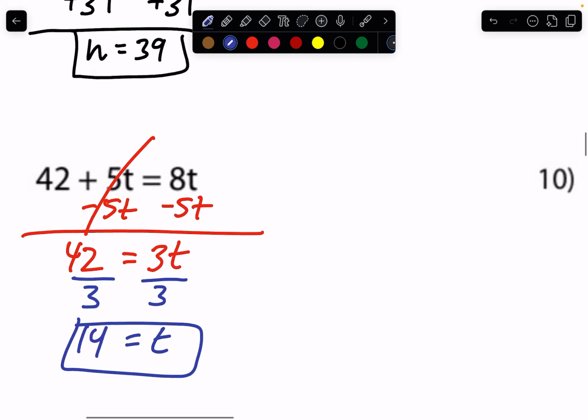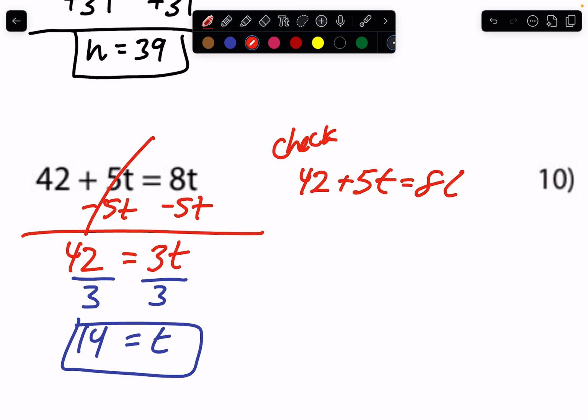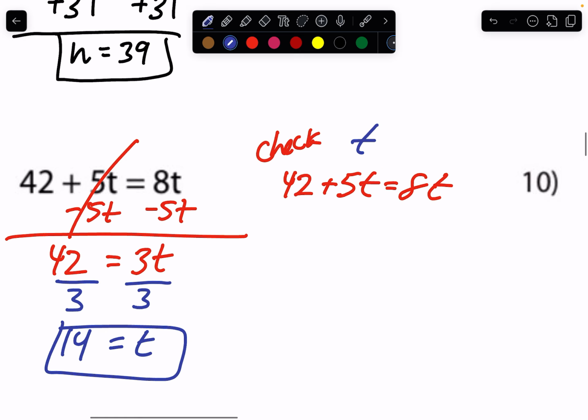If you're still not confident, let me check to see if it's right. Remember, you start off with the original: 42 plus 5t equals 8t. We said that for every t we got 14. So if I plug in 14 for every t, it should give me the answer.